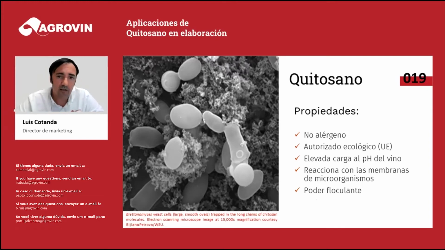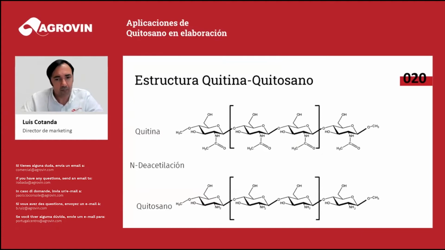Well, it is a non-allergenic product, ecologically authorized, which has a high charge at wine pH, and it is able to react with the membranes of some microorganisms, and it has a very high flocculant power.